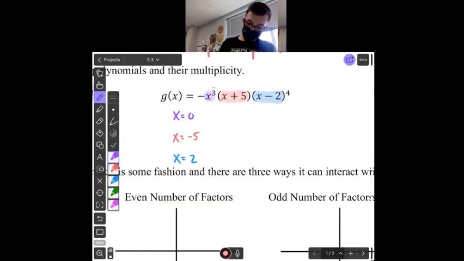Then I look at the exponent. So there are 3 solutions of 0. Okay. The next one has an exponent of 1. It has a multiplicity of 1. The last one has a multiplicity of 4.